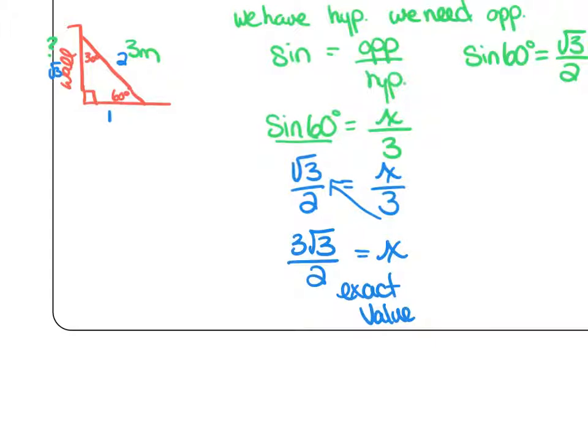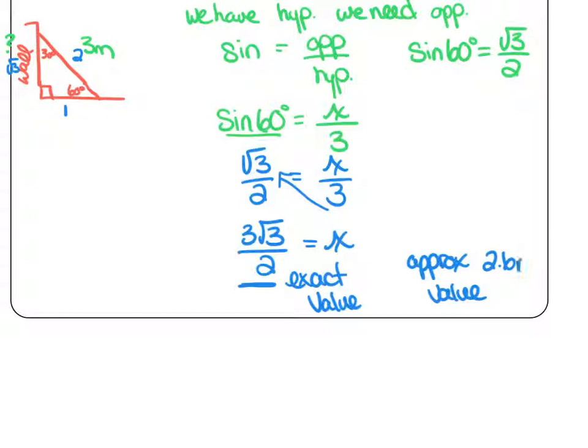If you just want an approximate value, then you would just use your calculator for it. So this is our exact, which some mathematicians like, but we can also calculate 3 root 3 divided by 2, which is 2.598 or 2.6. 2.6 meters up the wall, which makes sense because our hypotenuse was 3, so it has to be less.